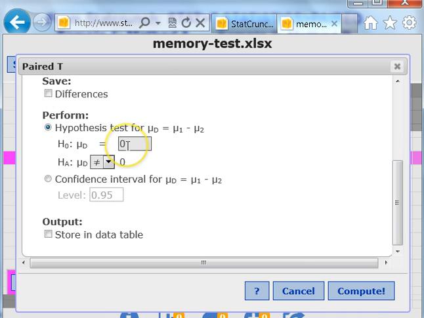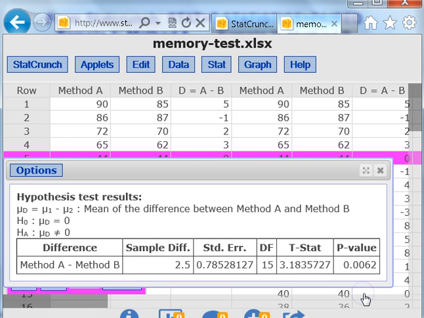It's still a hypothesis test where the mean of the differences is 0. In other words, there's no difference, versus the mean of the differences is not 0, saying there is a difference. And compute. And we obtain, for these, there were 16 students in this sample, and we obtain a p-value of 0.0062.